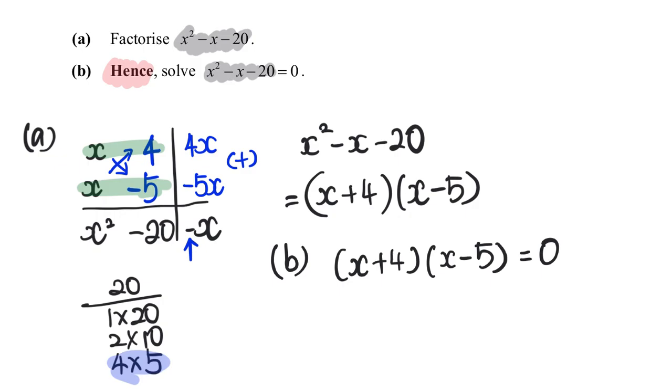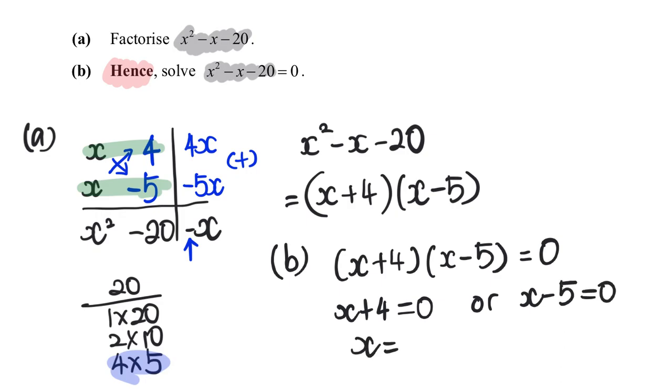Because the bracket times the bracket equals 0. You see, one of the factors, which is the bracket, must be equal to 0. So I will have either x plus 4 equals 0 or x minus 5 equals 0, and I will have my two answers. x is negative 4 or x is equal to 5.